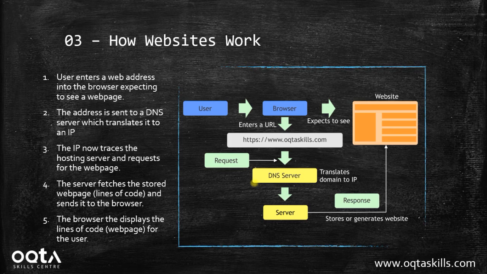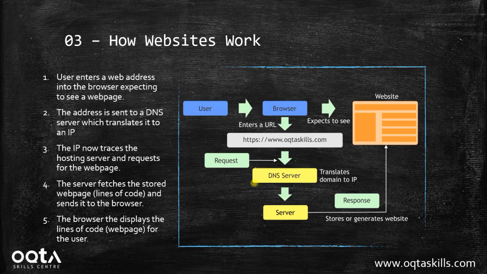The DNS server knows the domain name and knows its relating IP address. So probably the IP address for Octaskills is 192.00.7.3. Now the DNS knows that. Just like when you have your phone book, you want to call Kojo, so you scroll to Kojo.